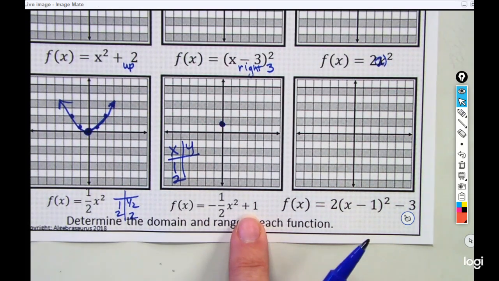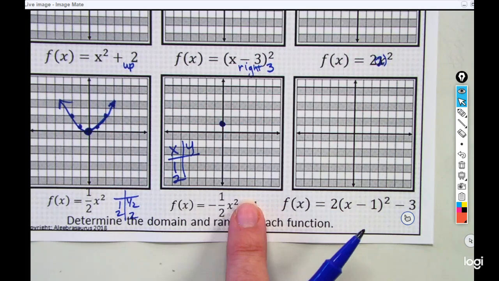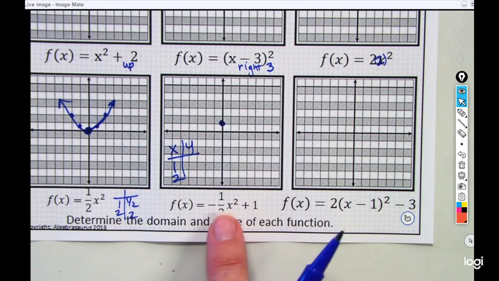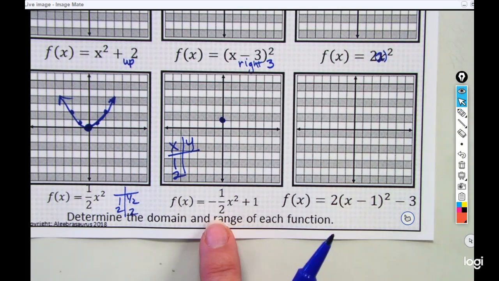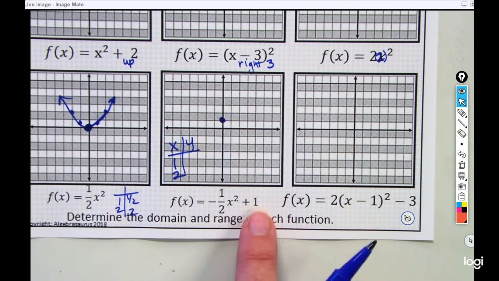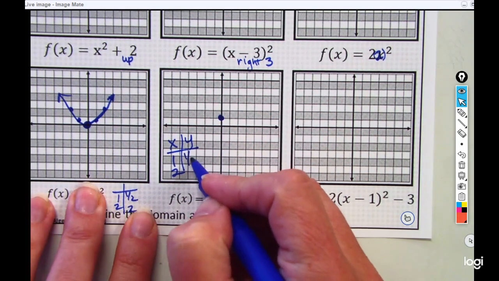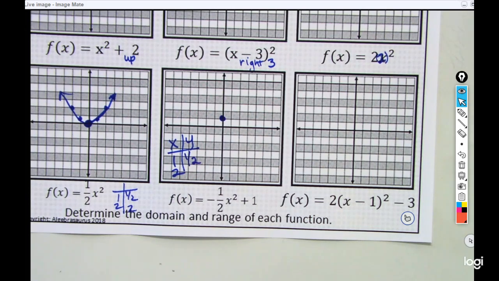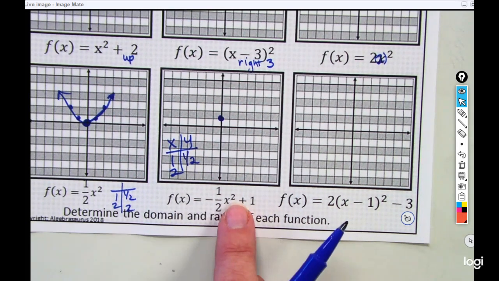Okay, this one's going to be a little harder, right? I've got to think about it. 1 squared is 1 times negative half. 1 times negative half is negative half. Plus 1 gets me back to half. Could you use your calculators to do that? Yes. Let's plug in 2. 2 squared is 4.